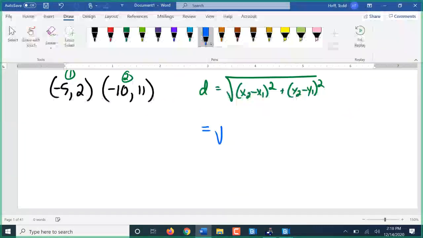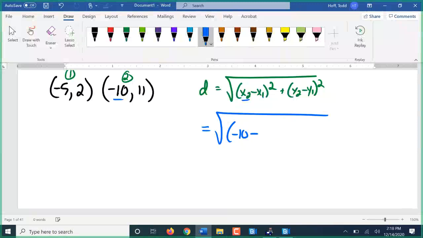So x2, point 2's x-coordinate, is negative 10, minus x1, well, point 1's x-coordinate is a negative 5. I screwed that up pretty bad, didn't I? Now we'll see what we get.